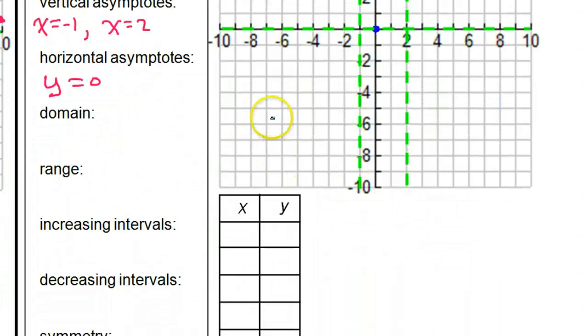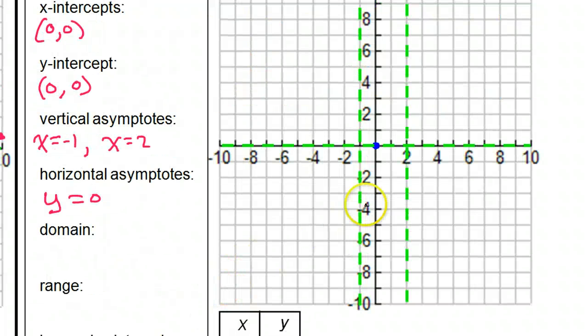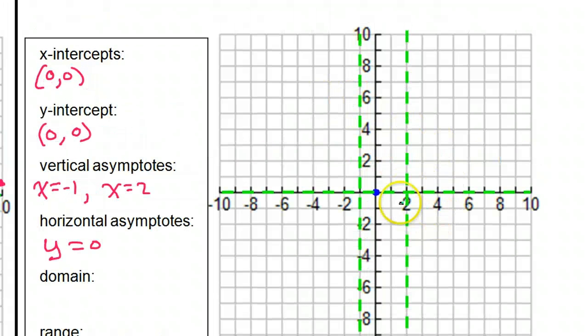Next, it is time to pick our x values. Let the vertical asymptotes be your guide. We're going to definitely need points to the left and the right of every asymptote. I said this on previous videos, but maybe you jumped straight to this one, so I'm going to repeat. Look at this asymptote.